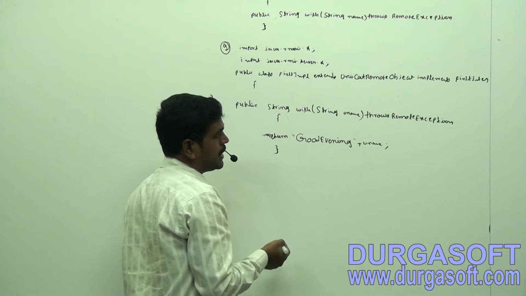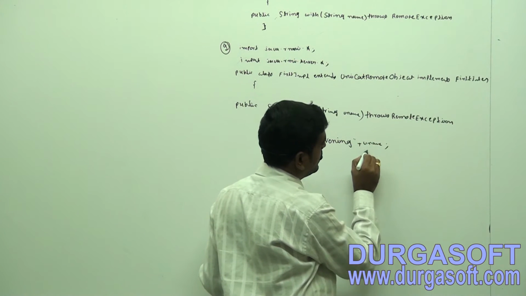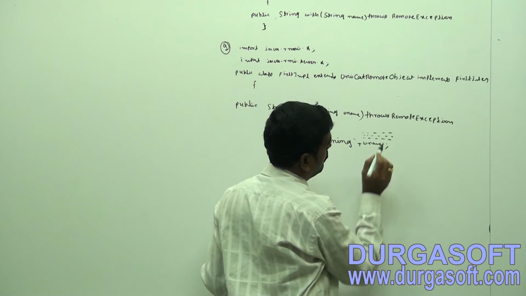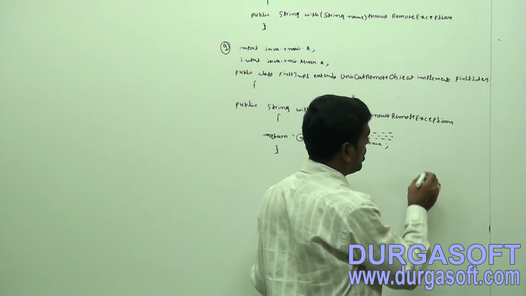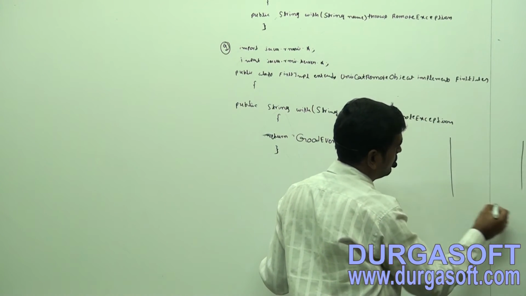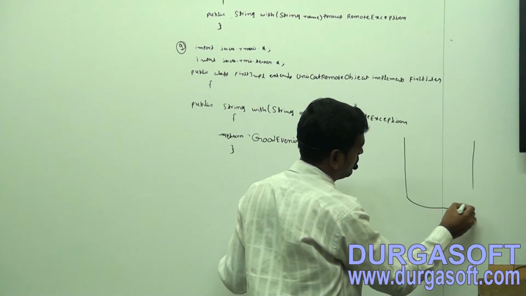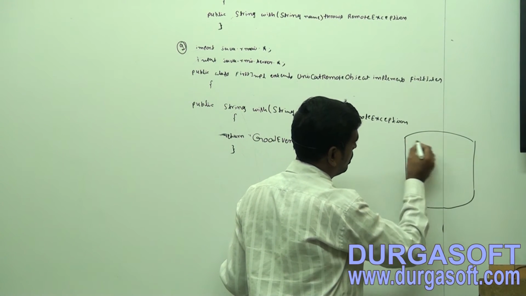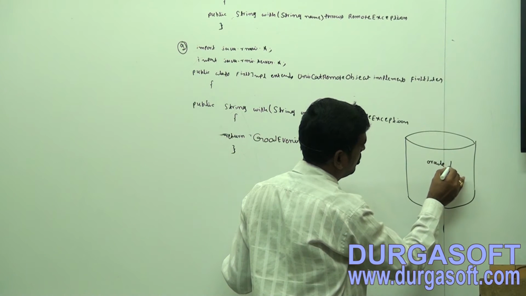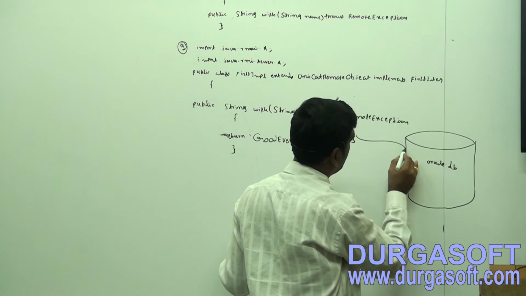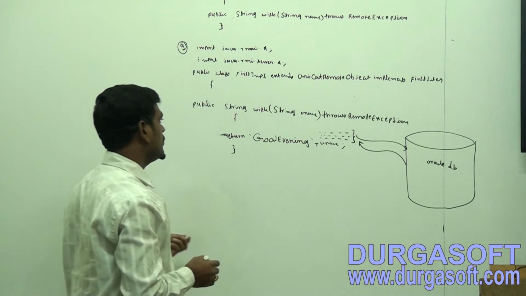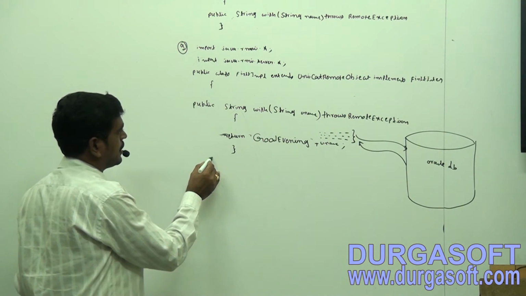If it is big business logic, then we can write it here itself, like communicating to a database or like that. Then next, finally close the class.